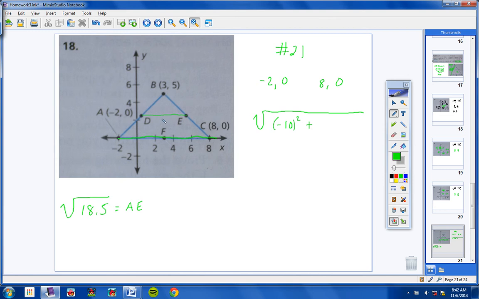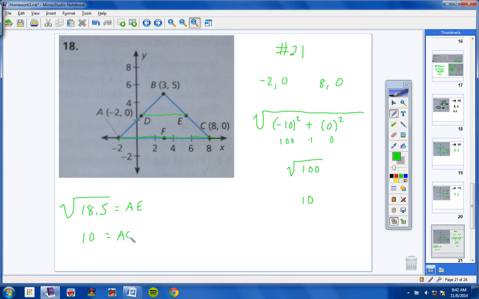Okay, students, if we take y minus y, we're going to get 0. 0 minus 0 squared. If we square this, we get 100. Square this, we get 0. Add them together, and we get the square root of 100, which is 10. So 10 is the length of AC.